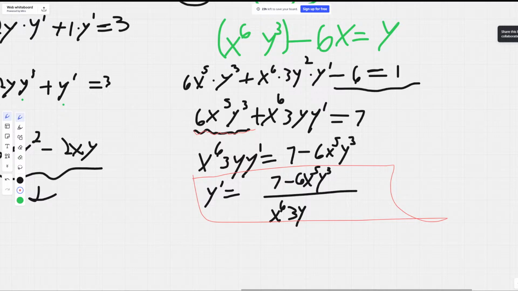So 6x to the 5th times y cubed plus x to the 6th 3y squared y prime minus 6 equals 1.